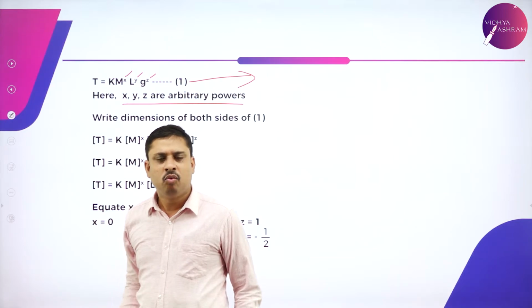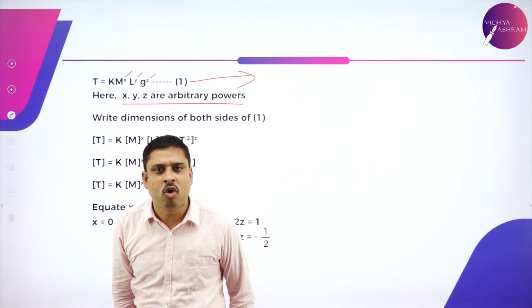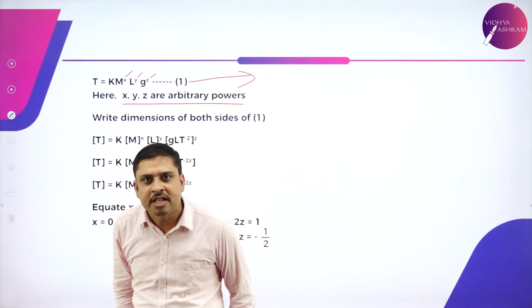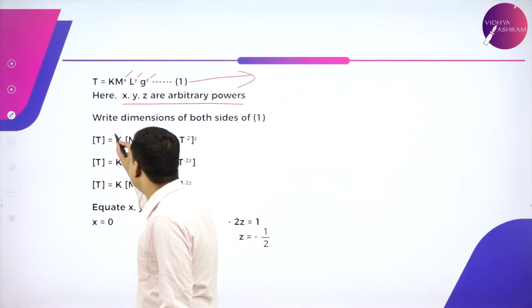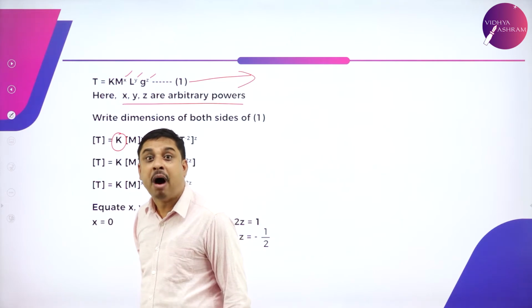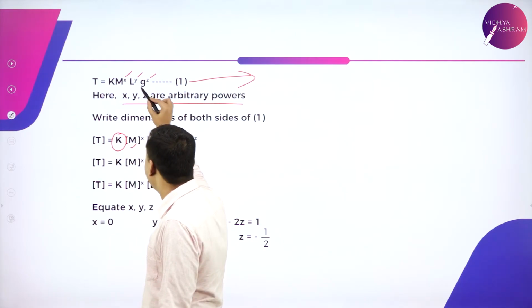Constant. What are its dimensions? Sir, in the previous session you told constants do not have dimensions. Dimensionless constant. M, mass, dimension is M.